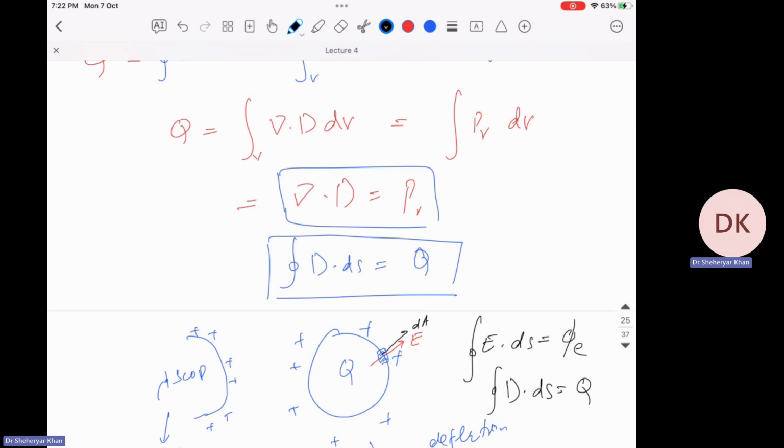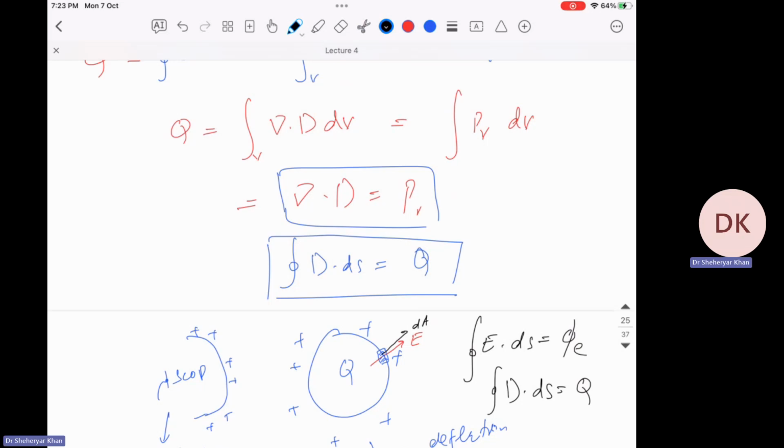Now you can understand the importance of the operator divergence. If you have the charge density, that tells you how much charge is spread over the surface, because the charge is responsible for the flux density D. Then you take the divergence and you will get the charge density.